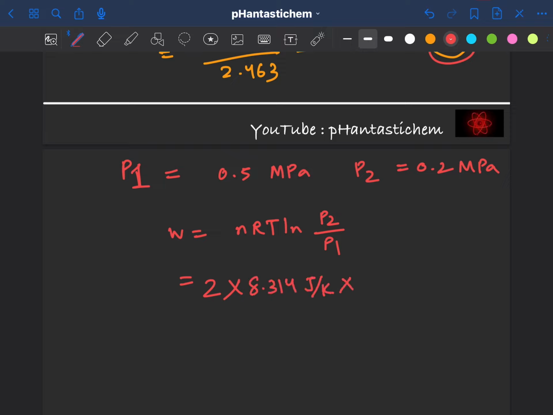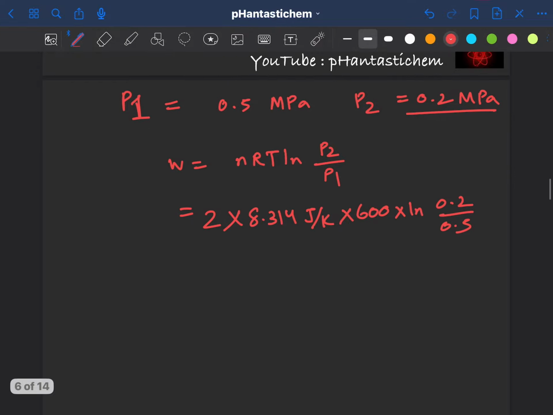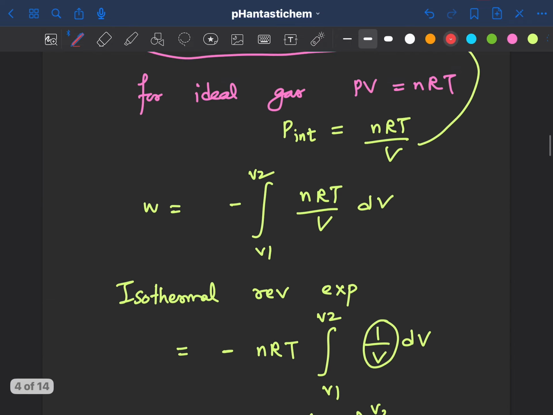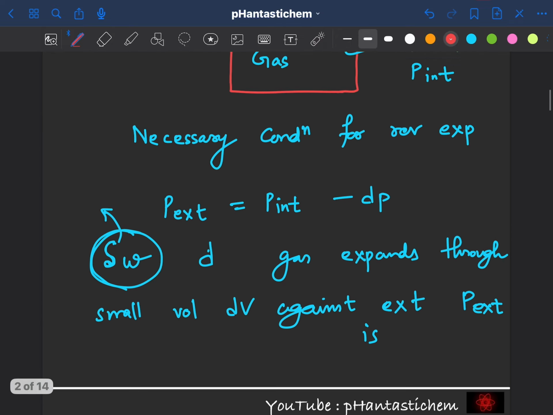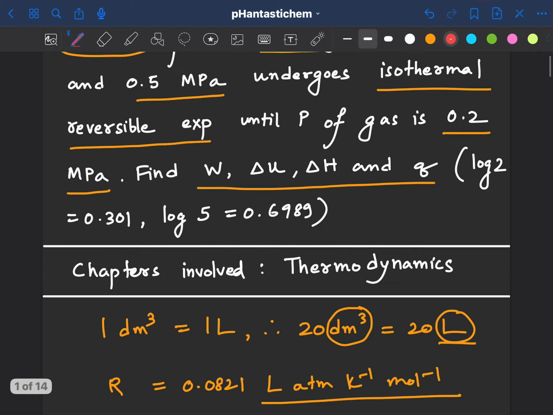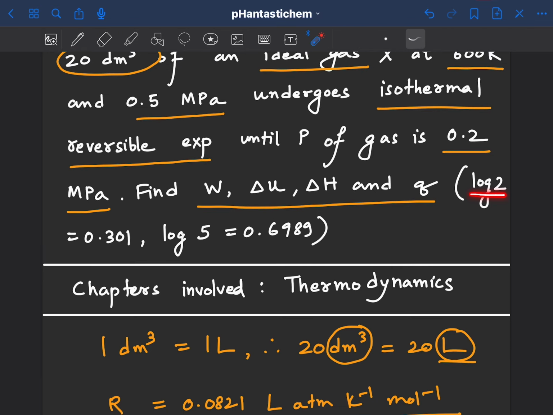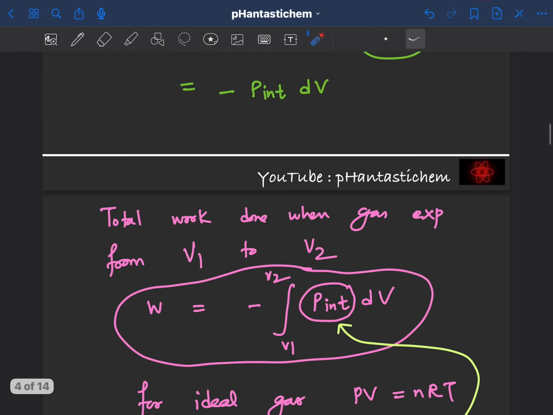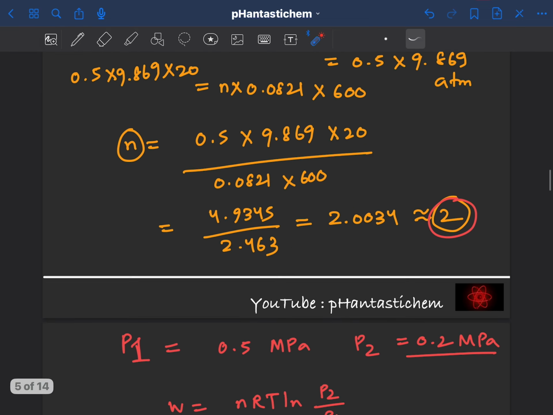We know the temperature, it is 600 into ln of final pressure, 0.2 divided by 0.5. Cool. And obviously, in our case, they have given us the value of log 2 and log 5. So that's why we have to convert our equation into log.